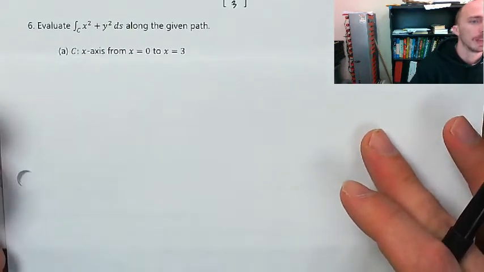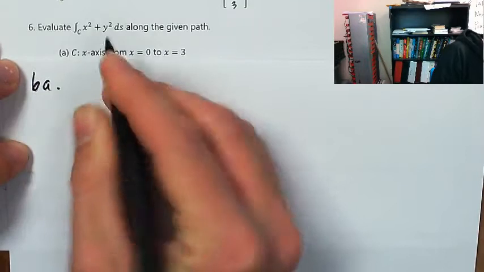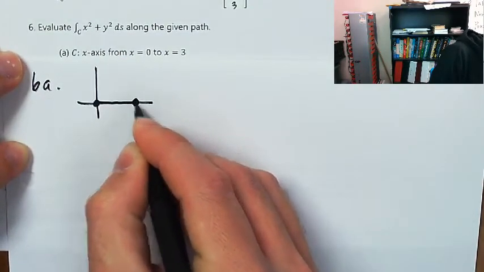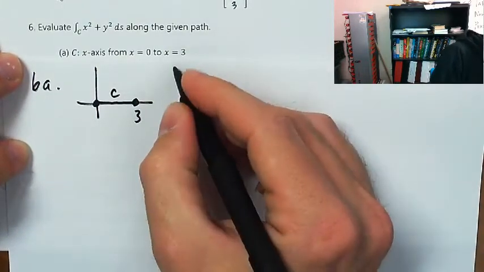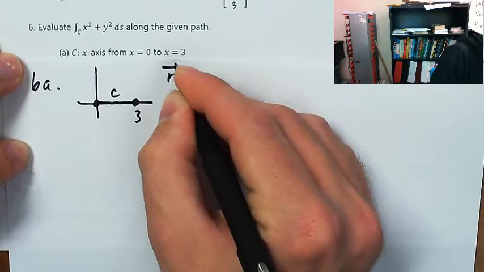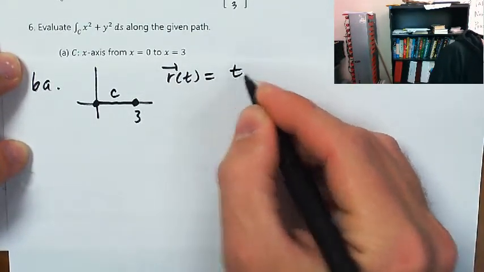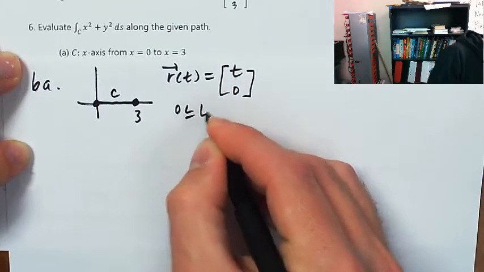All right, C is the x-axis from x equals 0 to x equals 3. That's my curve. So I've got r of t equaling x is t, and y is 0 as t runs from 0 to 3.